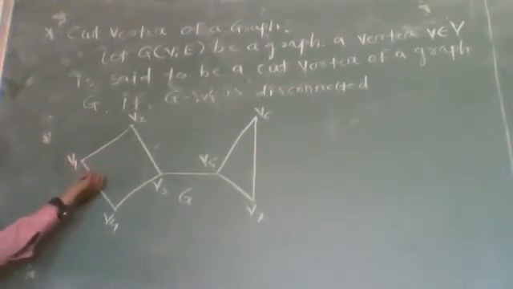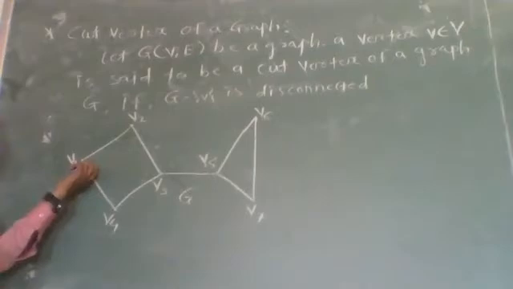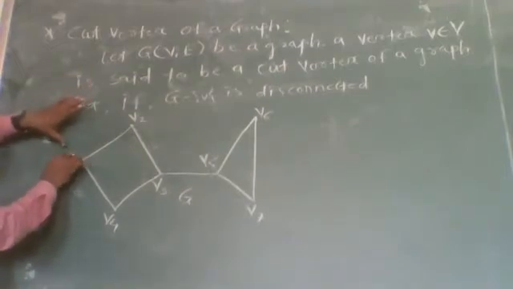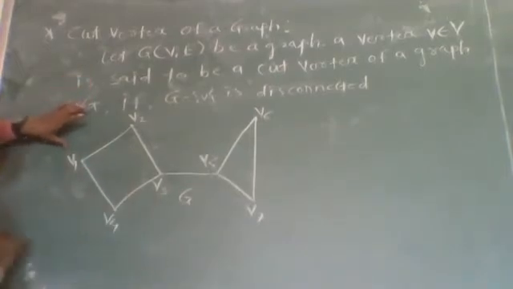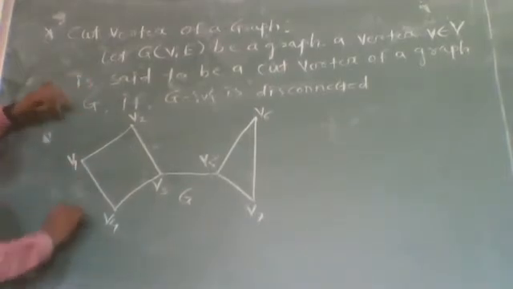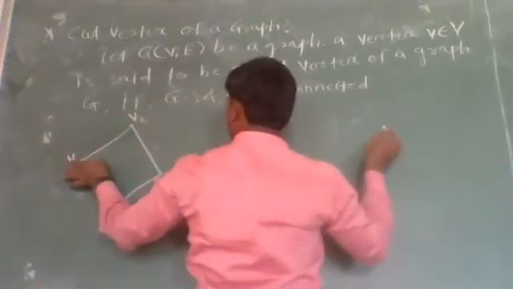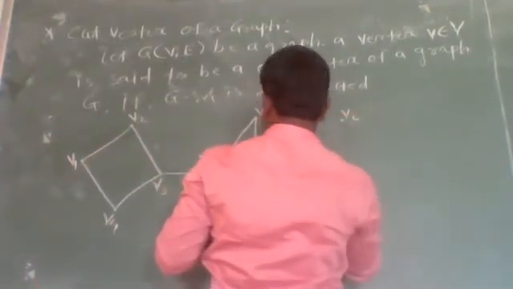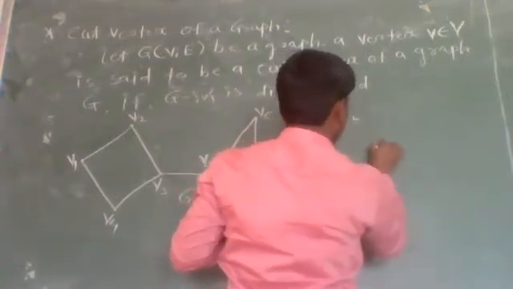Vertex deletion means that if we remove a vertex V from a graph G, then we have to remove all those edges which are incident on that particular vertex. Here is vertex V2, here V4, remove V3.